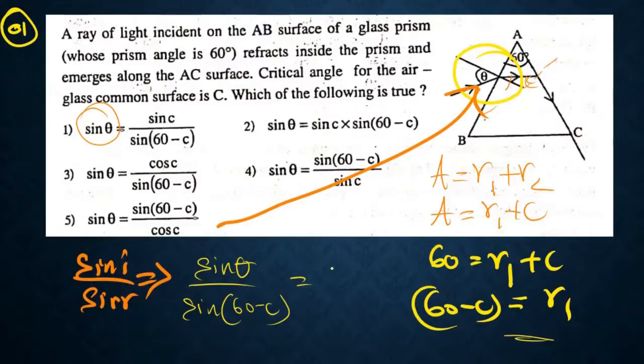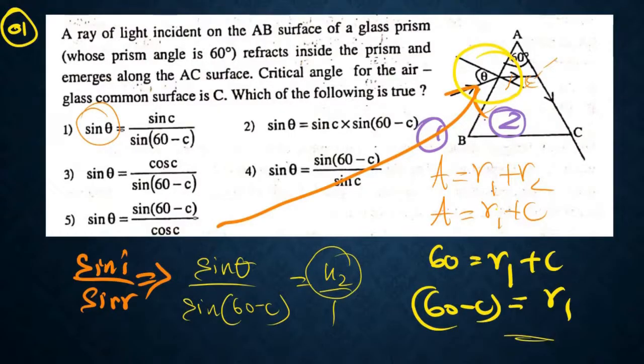And that should be equal to N2 over N1, second medium divided by first medium. So this is the second medium, and this is the first medium, right? So it's N2 divided by 1. So we can make sine theta the subject, but of course we have a problem. We don't know the N2 value, the refractive index, right?